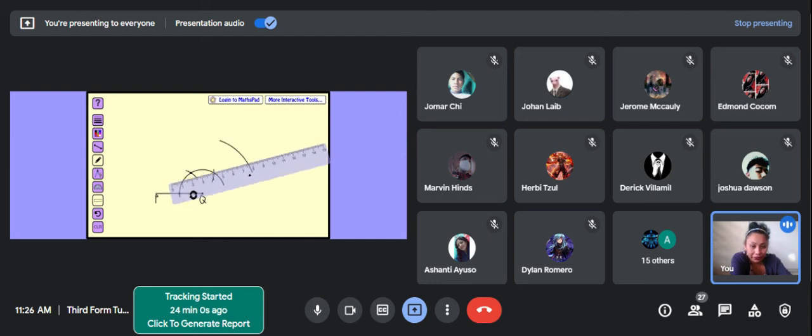Then you are going to take your ruler and set it so that it starts at Q and crosses this point.